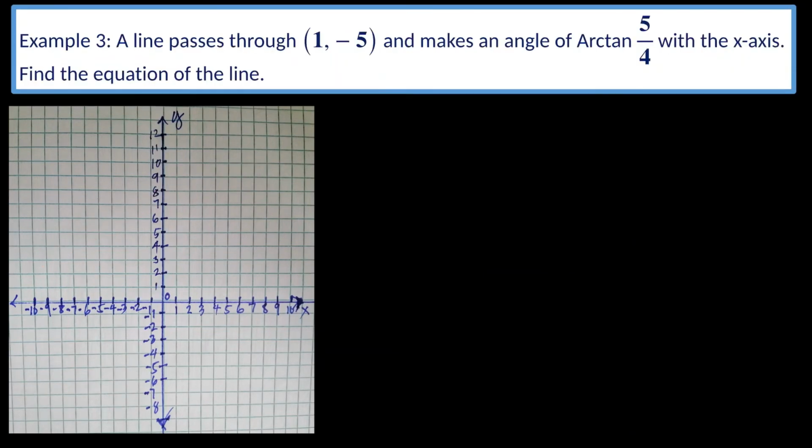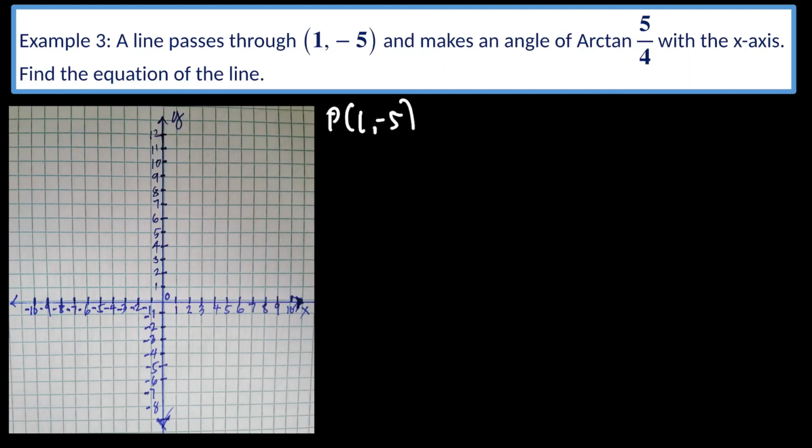Let's have the last example. A line passes through 1 and negative 5 and makes an angle of arctangent 5/4 with the x-axis. Find the equation of the straight line. All right, so we are given the point, which is 1 and negative 5.